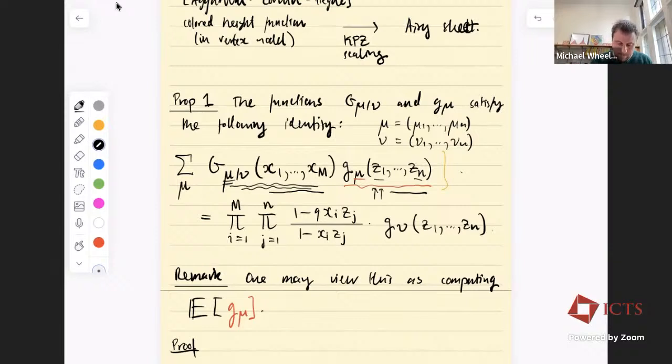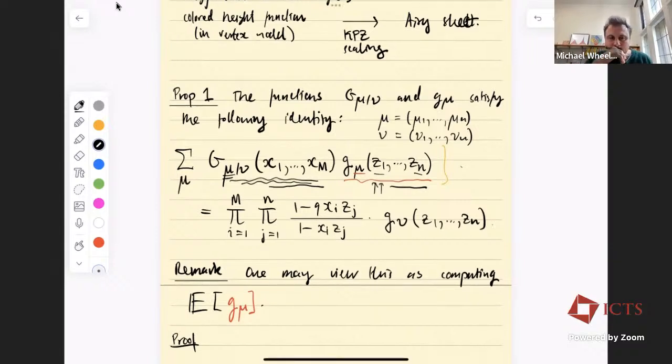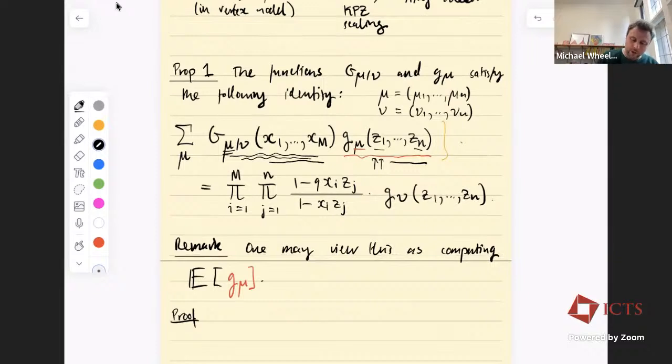I have a question too. Can you interpret this identity as an eigenvector equation? Yes, it's a very good question. So indeed, it does have such an interpretation. And so basically, what we're going to see, not in the lecture today, but tomorrow, indeed you can view this as a kind of eigenvector equation for, let's say, capital G. And so one thing that one might ask for is, can you actually find a spectral decomposition of G in terms of this family, in terms of this eigenbasis?